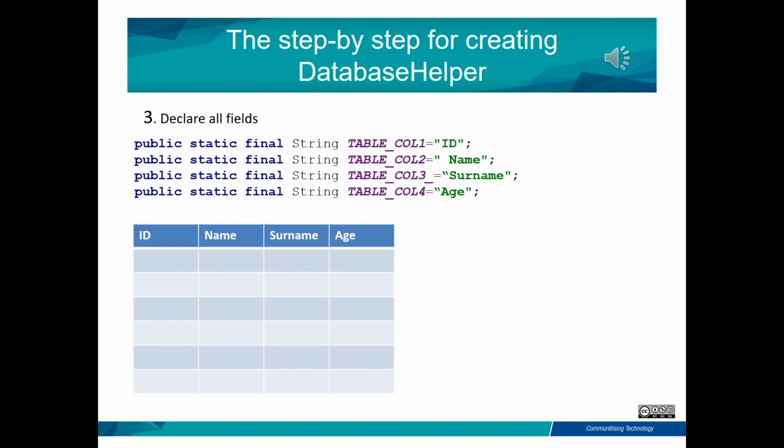In order to declare the attribute or field, you can type public static final String table column 1 equal to ID, public static final String table column 2 equal to name, public static final String table column 3 equal to surname, and public static final String table column 4 age.